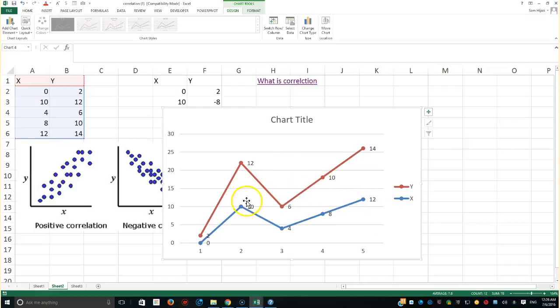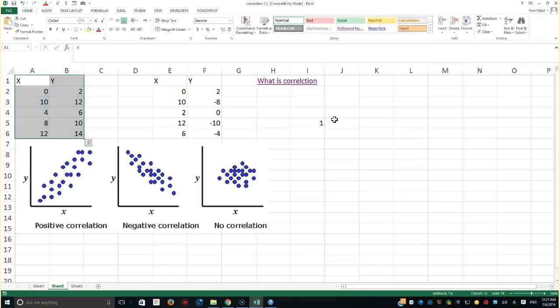You notice that one increases, the other increases along with it. So they are parallel to each other. 0 is parallel to 2, 10 is parallel to 12, 4 is parallel to 6, 8 is parallel to 10, and 12 is parallel to 14. So this is very easily done in Excel, as you notice, and this is an example of a perfect correlation.